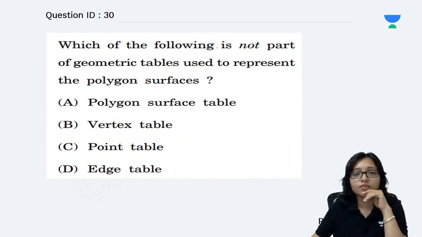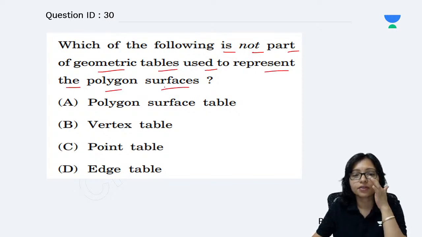Next one. Which of the following is not part of the geometric tables used to represent the polygon surface?